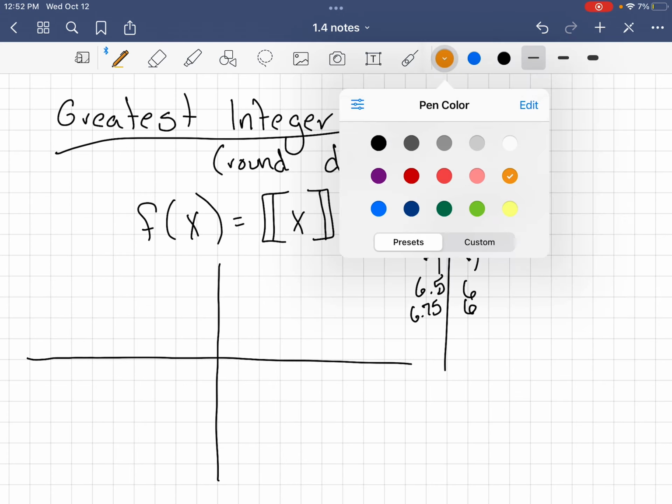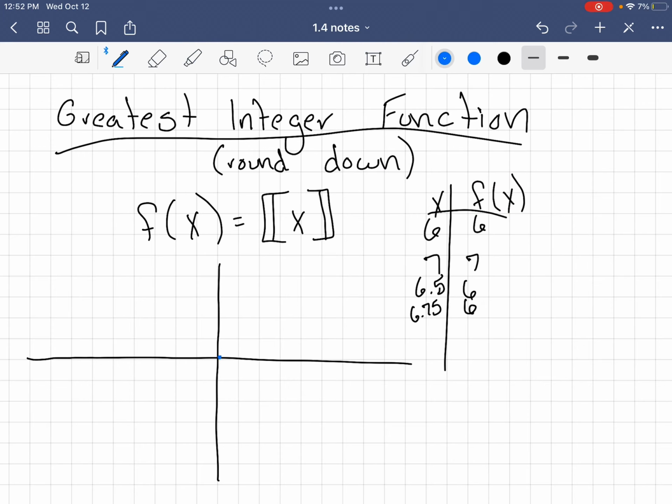So let's use blue. When I put in a 0, I get 0. When I put in a 1/2, I get 0, it's going to round down. When I put in a 1/3, 0. When I put in a 0.75, 0. Basically, anything in between there is going to round down to 0. Until I get to 1, there's an open dot here at 1, because when I get to 1, it's going to give me out a 1. And it's going to give me a 1 for any of these numbers in between until I get to 2.